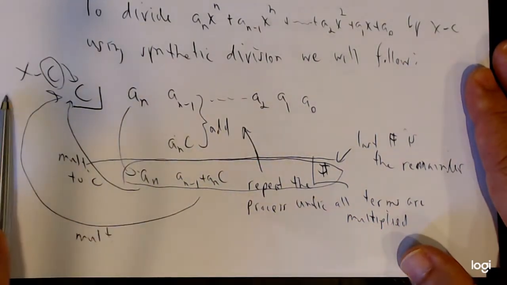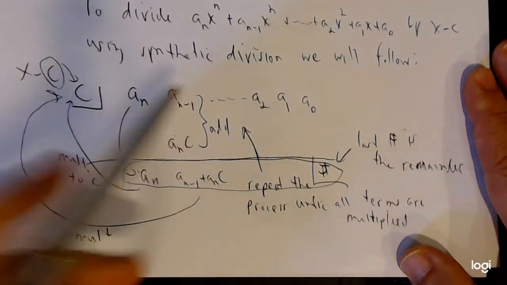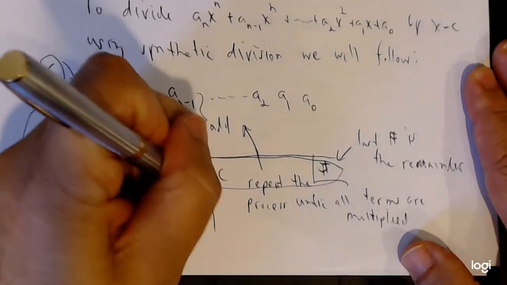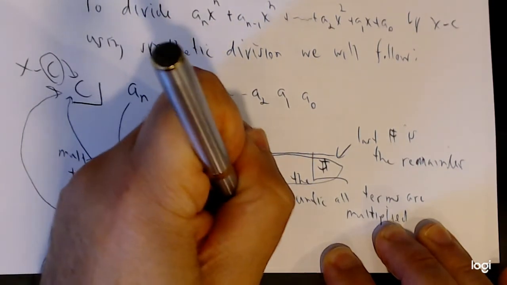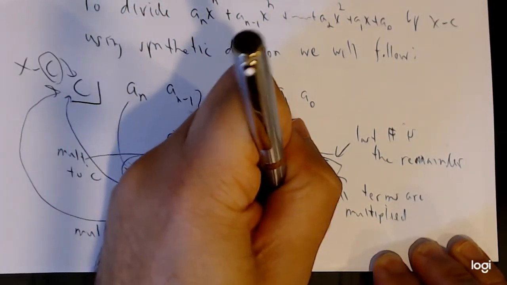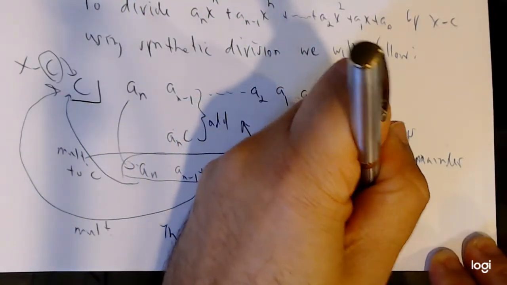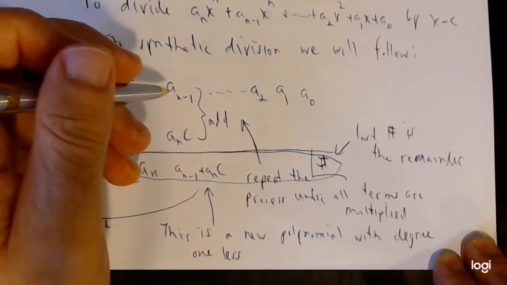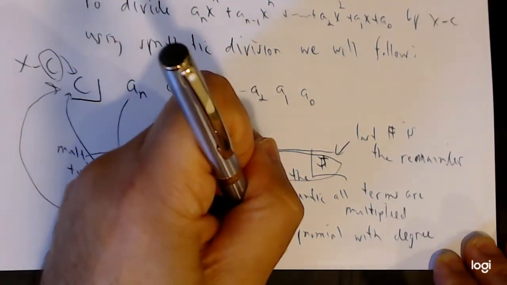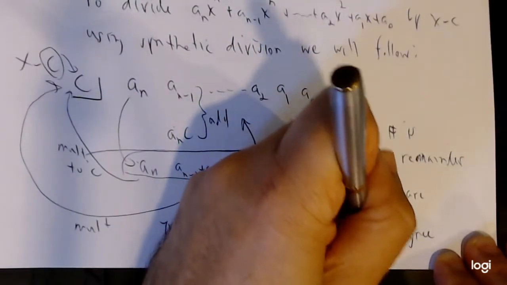How come? Because look, we're dividing by x minus c. And if I divide by x, what am I doing? I'm bringing the degrees of these guys down by 1. So what I would say is that this is a new polynomial with degree 1 less than the previous polynomial.